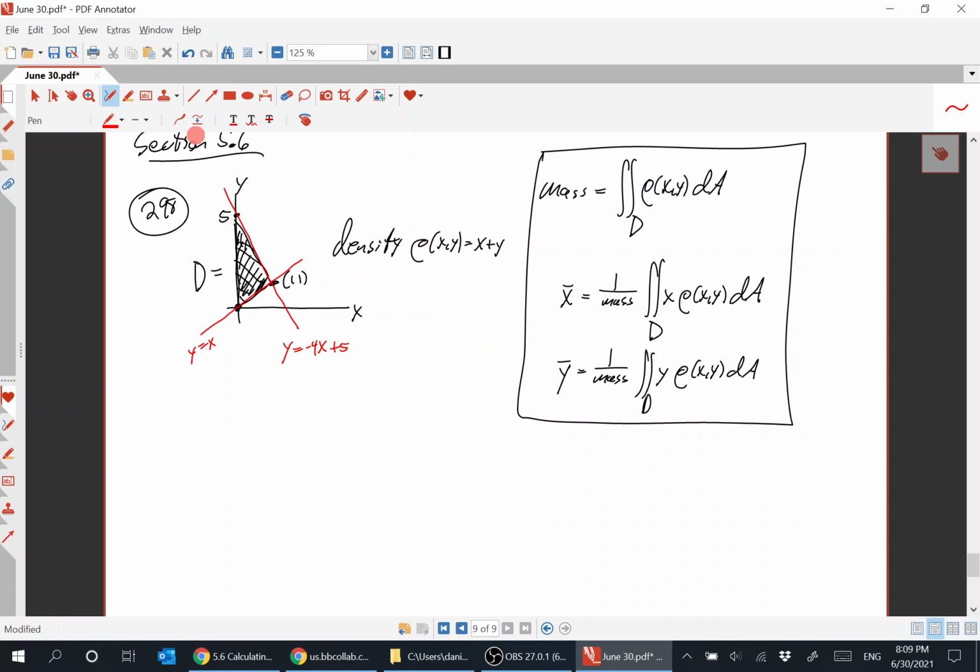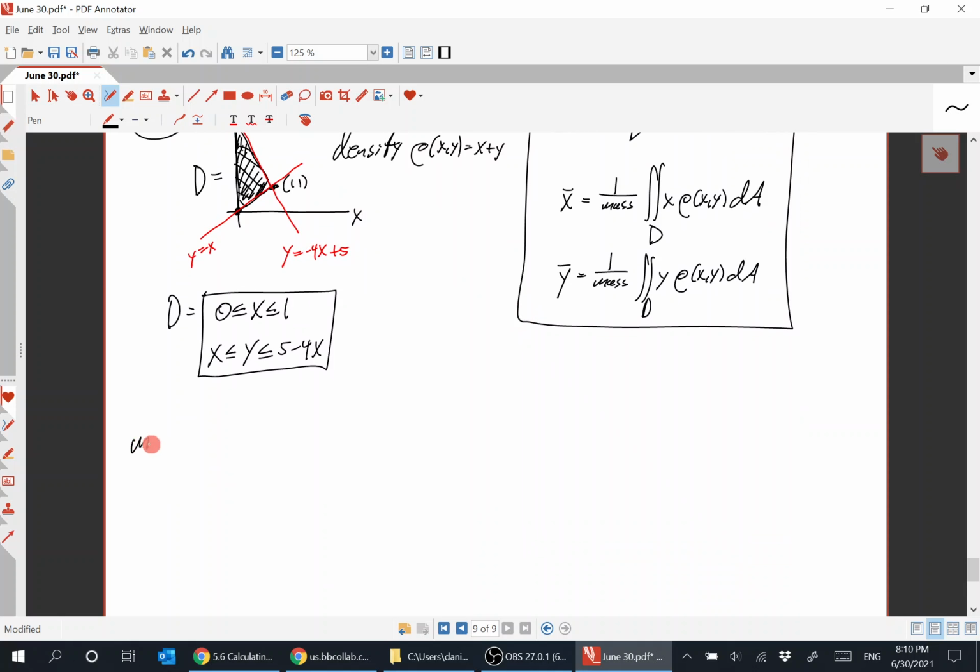Yeah, negative 4x plus 5. So D is 0 less than or equal to x less than or equal to 1, and the y-coordinate is between x and 5 minus 4x. So that's a type 1 description.